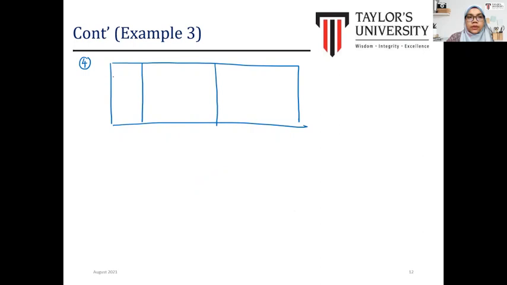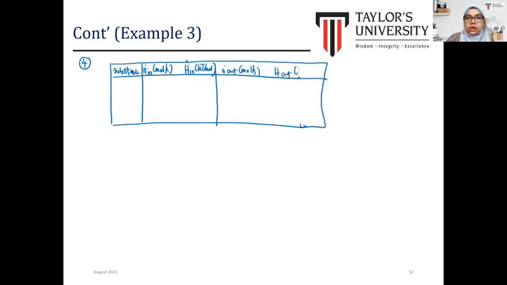We have n out, mole per second, and then H out, kilojoule per mole. For the substance, we have acetone in liquid and acetone in vapor.